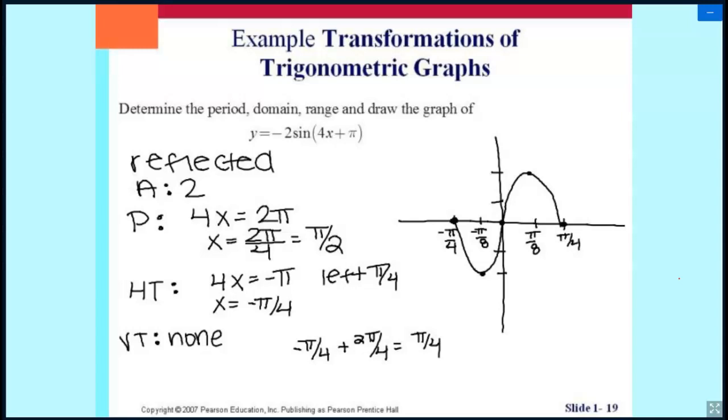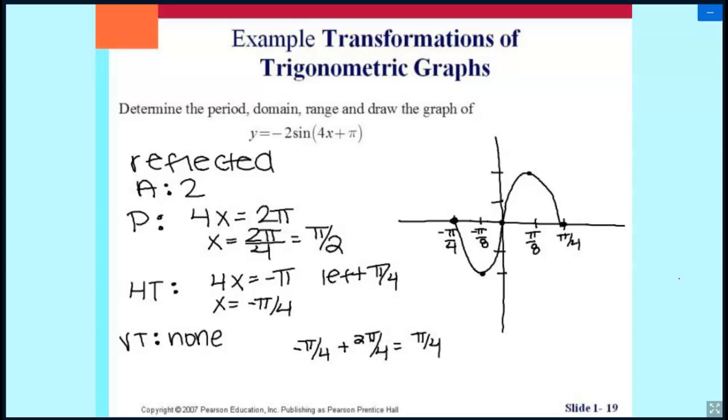The period, and this is where the setting equal to 2 pi comes into play. So the bx value is 4x. So that 4 is going to change the length of the period. So instead of taking 2 pi to get through one cycle, it actually occurs in pi halves.